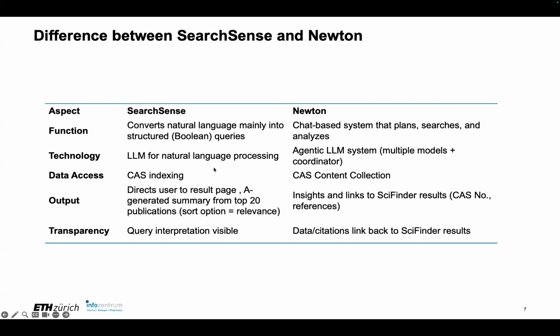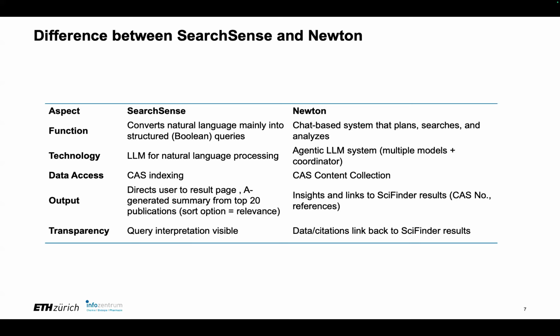So what are the differences between Search Sense and Newton? Well, Search Sense converts the query mainly into a structured Boolean query, whereas Newton is a more complex chat-based system that plans, searches, and analyzes.